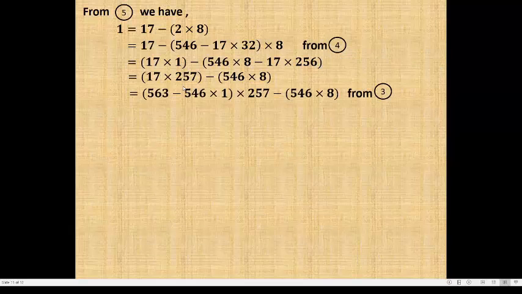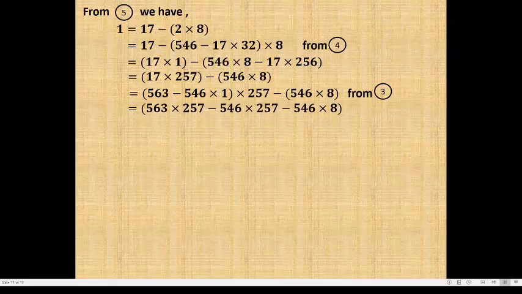So we get (563 minus 546 into 1) into 257 minus 546 into 8, from equation number third. Now simplify this equation. So we get 563 into 257 minus 546 into 257 and minus 546 into 8.